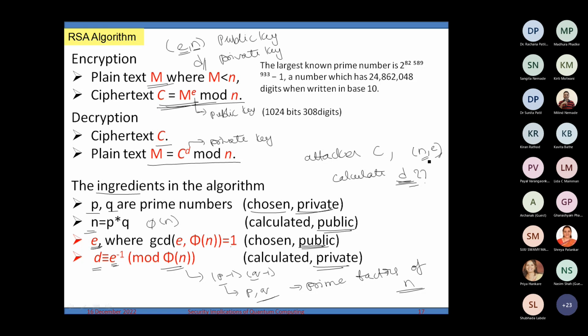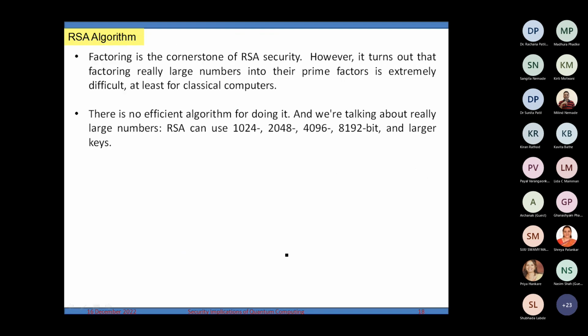So from N, can the attacker calculate its prime factors? We don't have computationally feasible algorithms in a conventional classical scenario to calculate the prime factors of N. So factoring the number is the main cornerstone of RSA security.